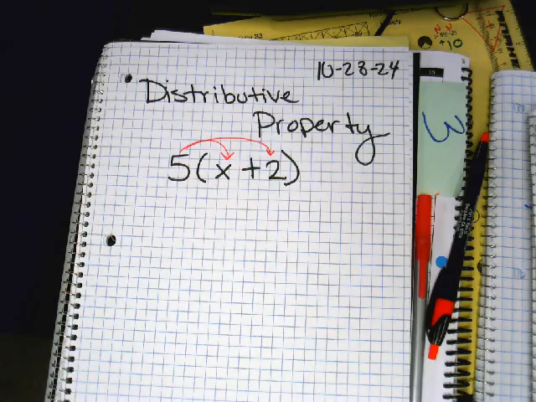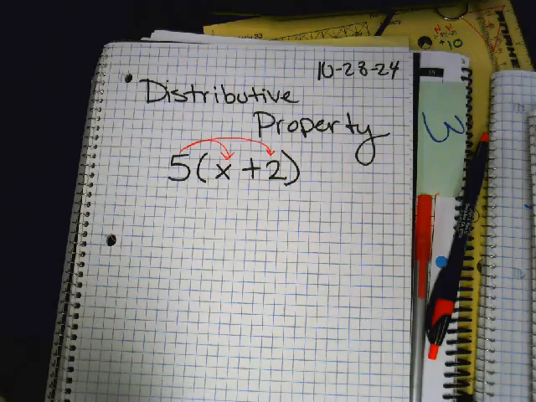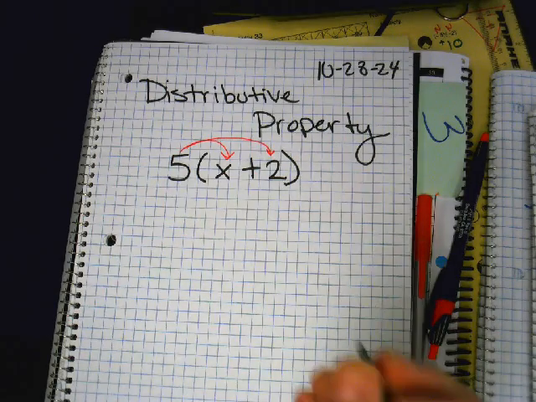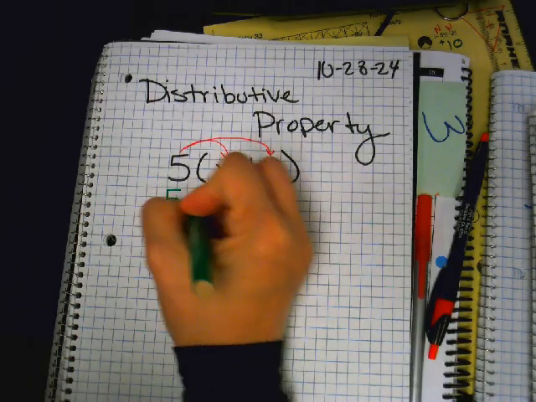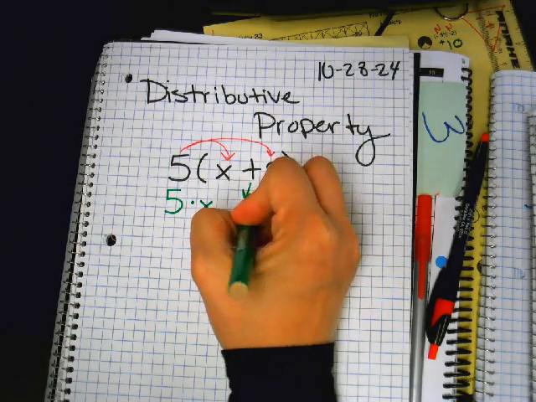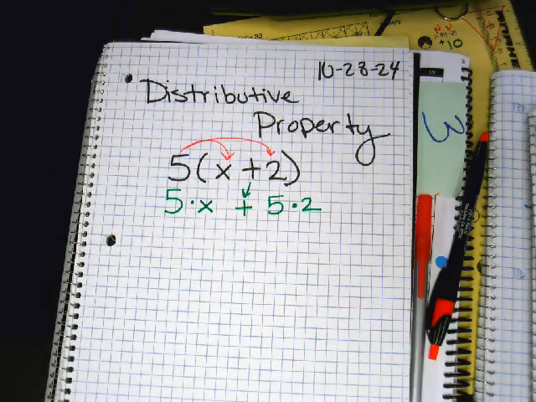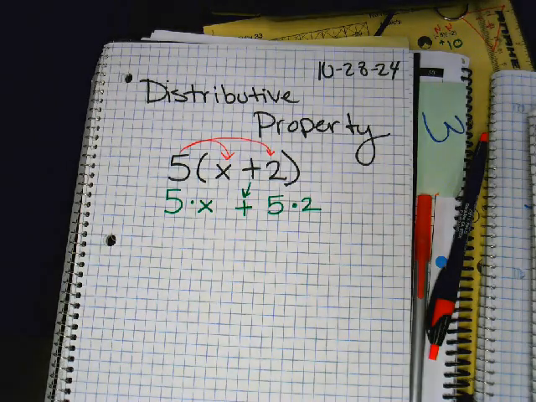It's kind of like trick-or-treating. They go trick-or-treating, everybody gets candy. Here's how the math works: 5 times x plus 5 times 2. You have to give the 5 to everybody, not just the first person who shows up at the door, but everybody in the group.